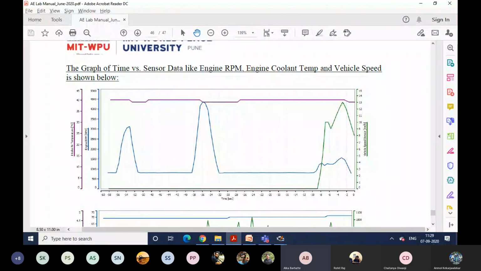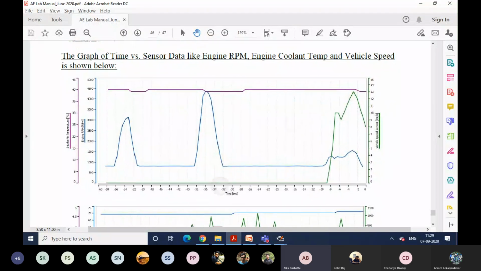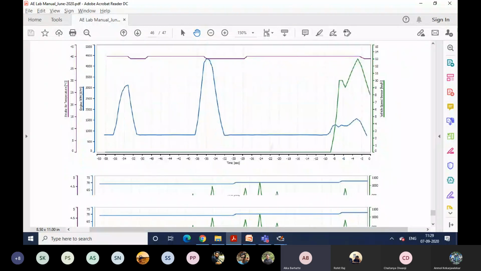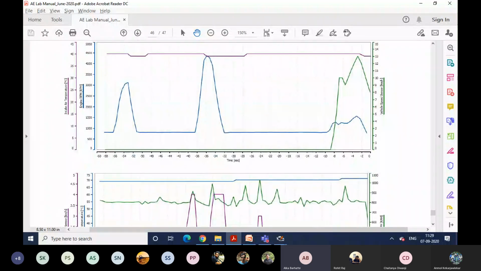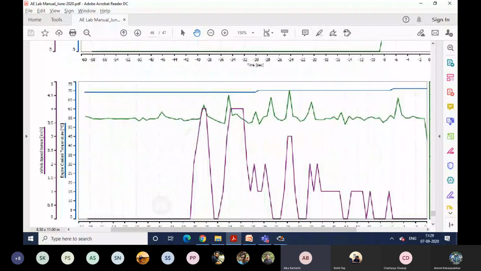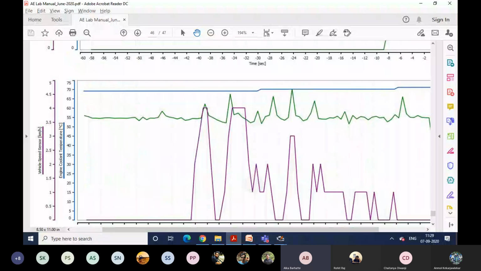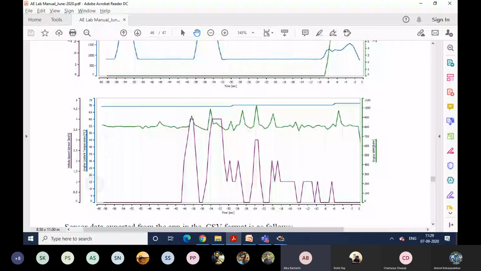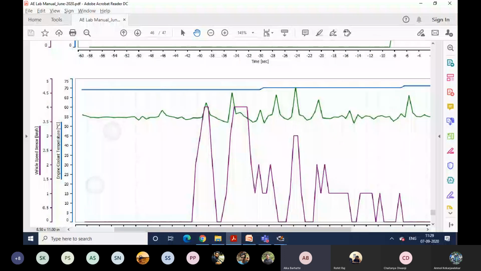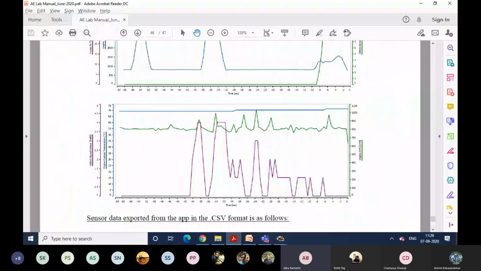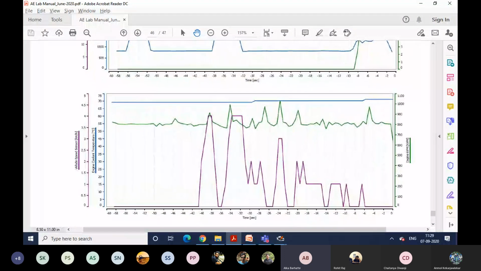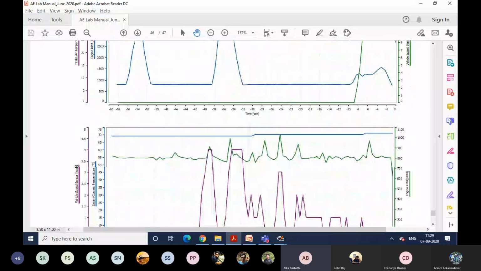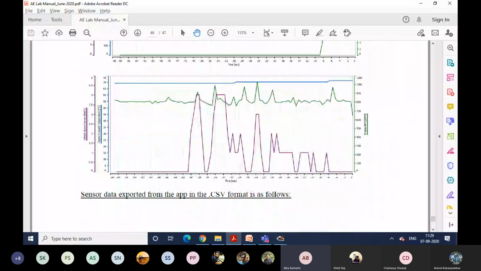This data can be accessed live, so we can get the current sensor values into the software by connecting that particular connector to the OBD2 port, and this is also representing the same thing. For two different batches, whatever readings we took have been added in this writer.